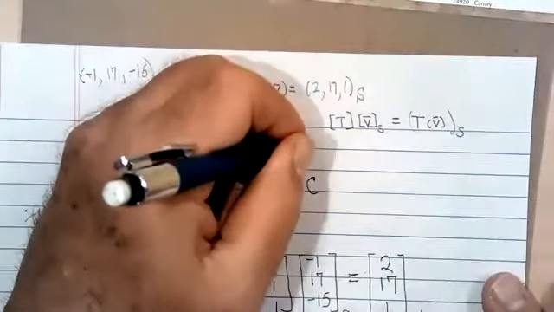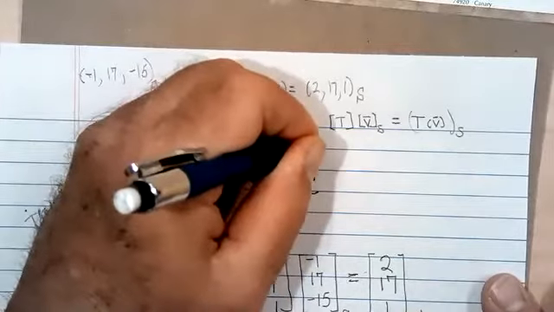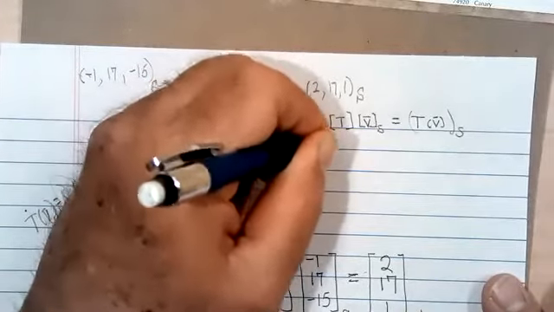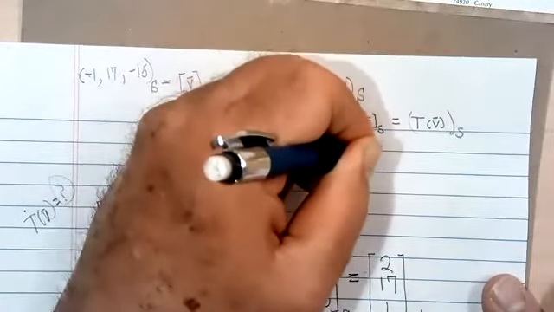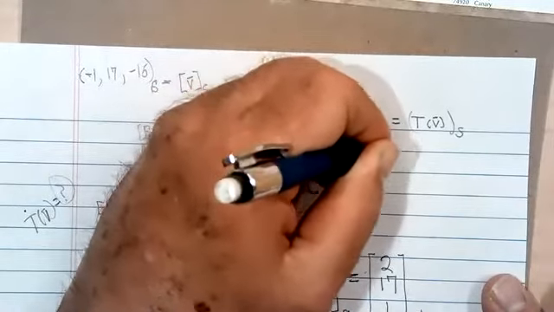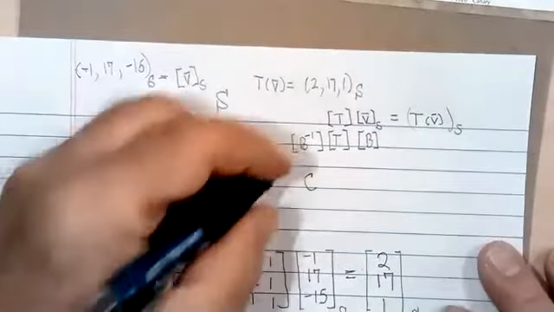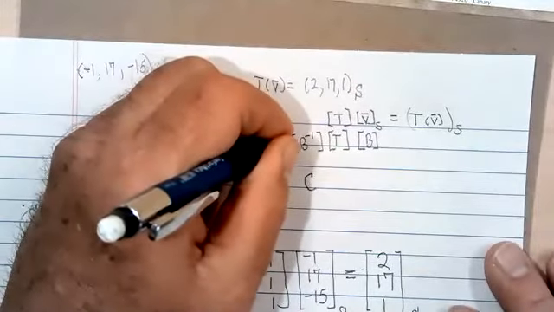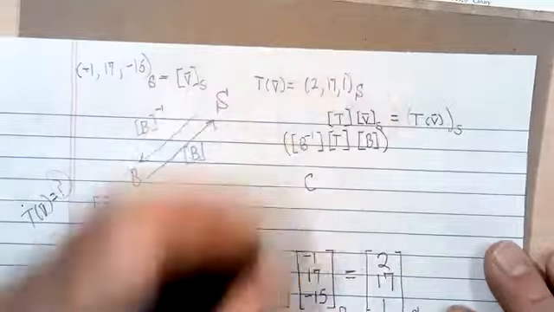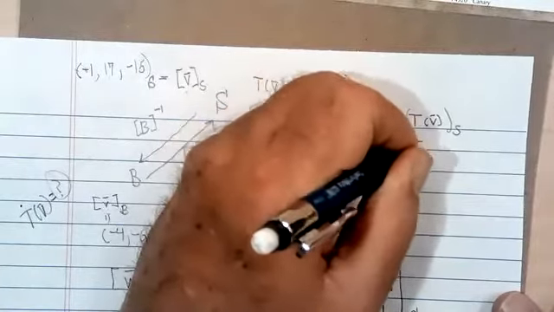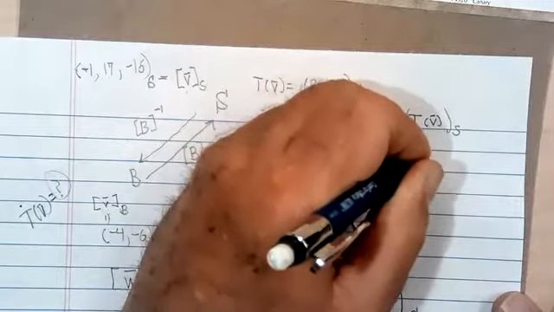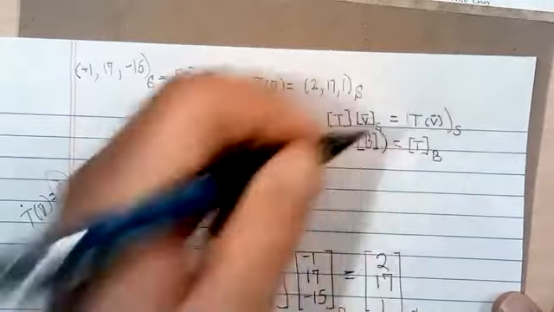And also, if we just wanted to work in the B basis, we can predict what matrix is going to work. This is going to be the matrix of T relative to the B basis.